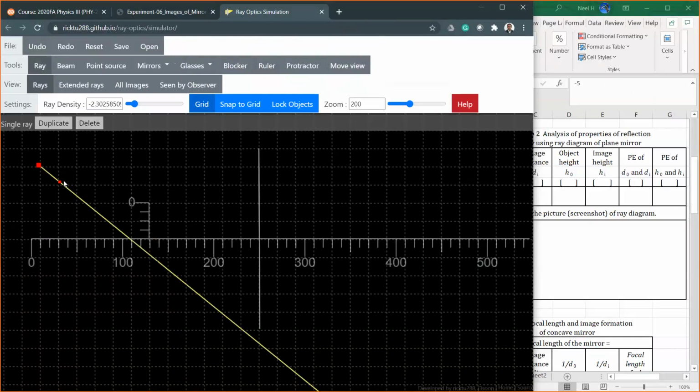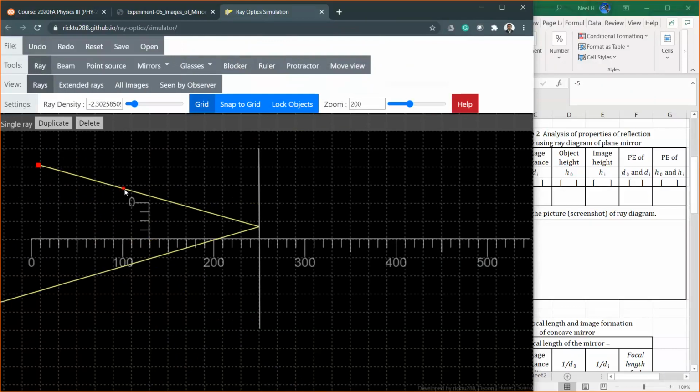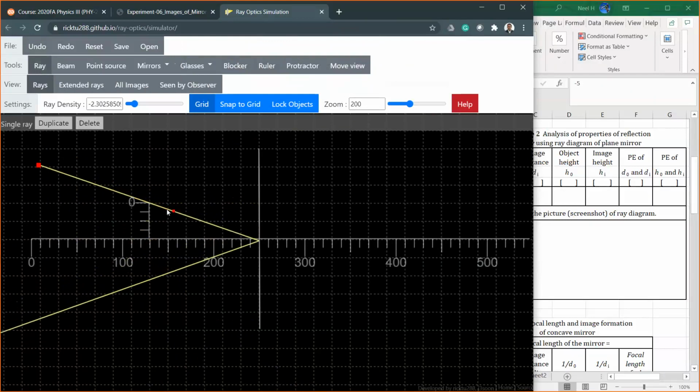Then the second red dot you can bring anywhere you would like it to pass through. For example, if I want this ray to pass through exactly the top of this object, I can realign it this way. Then you can see it hitting exactly this point right here, and then it reflects in this direction. That is my first ray.